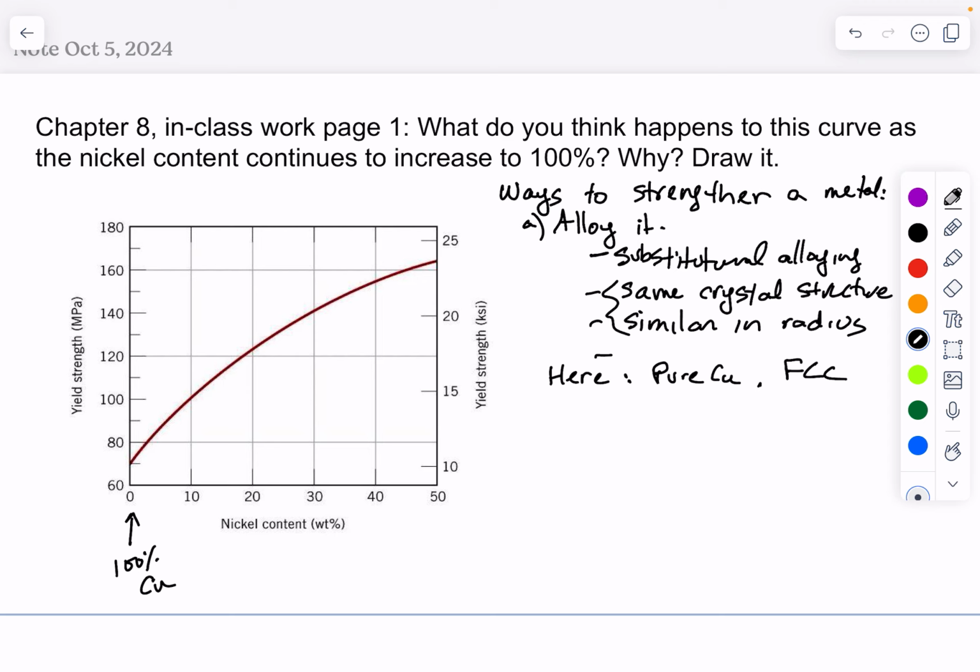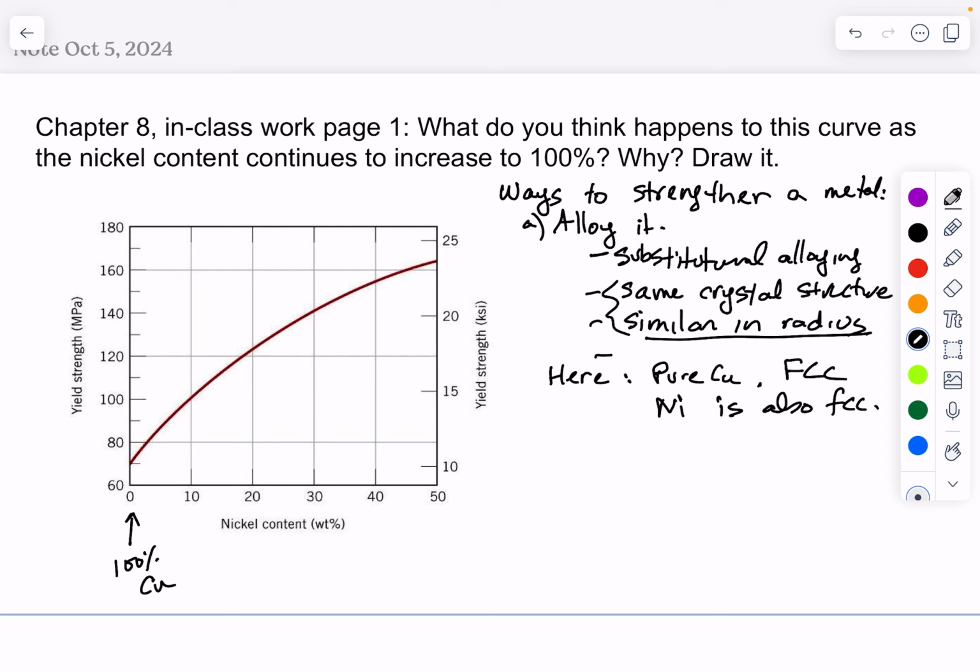So is nickel, right? Nickel is also face-centered cubic. They're similar in size. One of them is bigger, one of them is smaller. It doesn't matter which one is bigger or smaller right here. But the fact that they're slightly different in radius has a huge impact on dislocation motion.